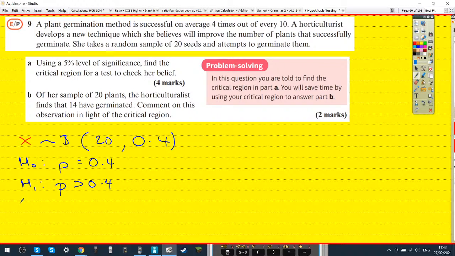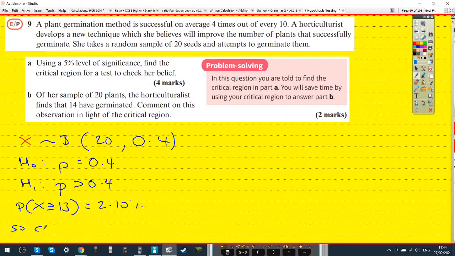I got 13. So P is greater than or equal to, right? Well, the critical region is X. What was the probability of that one? The lower number is 13, which is 0.02103. So the probability X is greater than or equal to 13 is 2.10%.